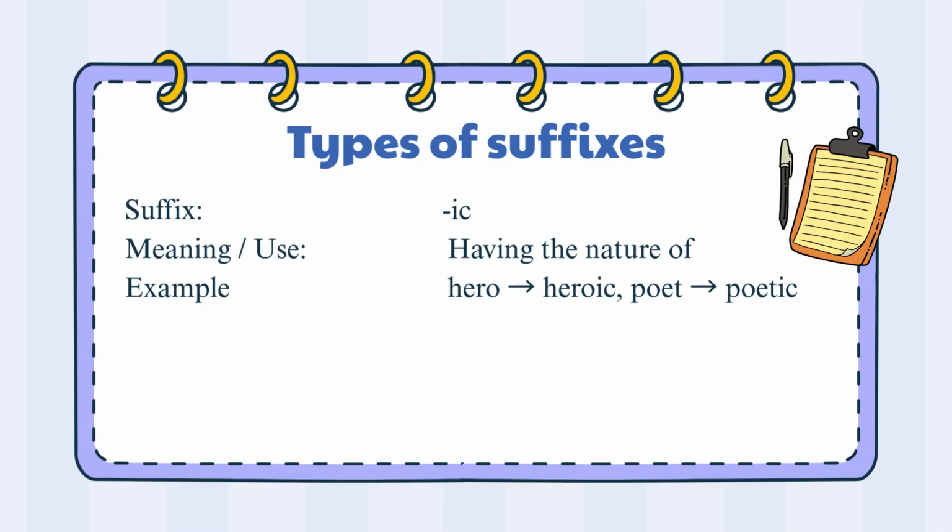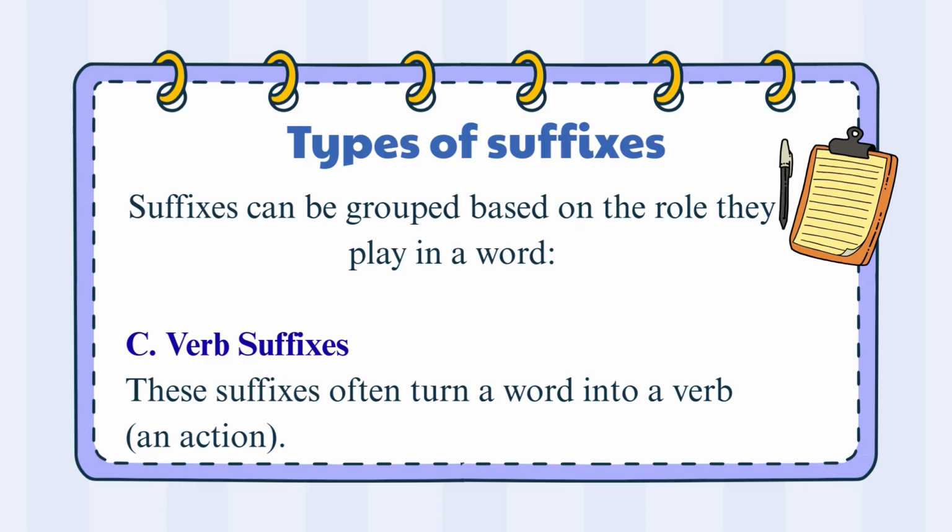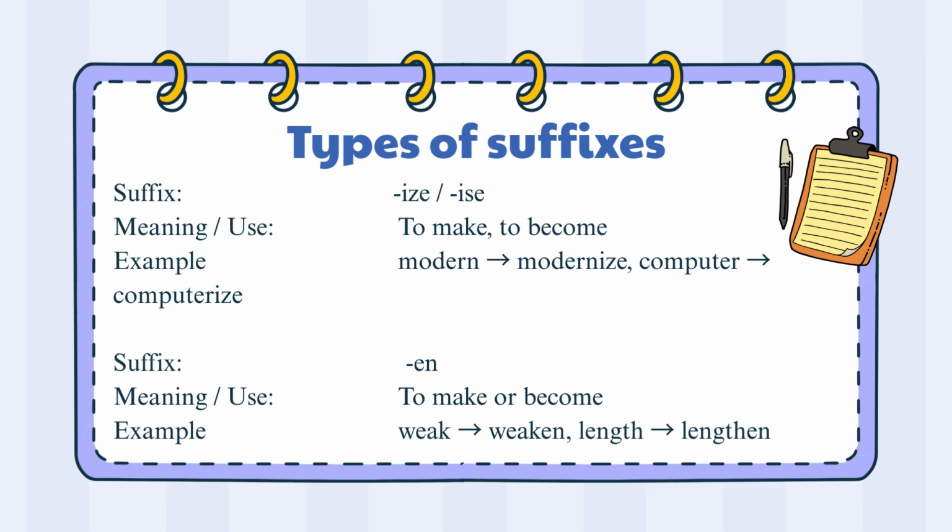The third type of suffix is the verb suffixes. These suffixes often turn a word into a verb showing action. Let's see some examples of such suffixes. We have the IZE and the ISE.